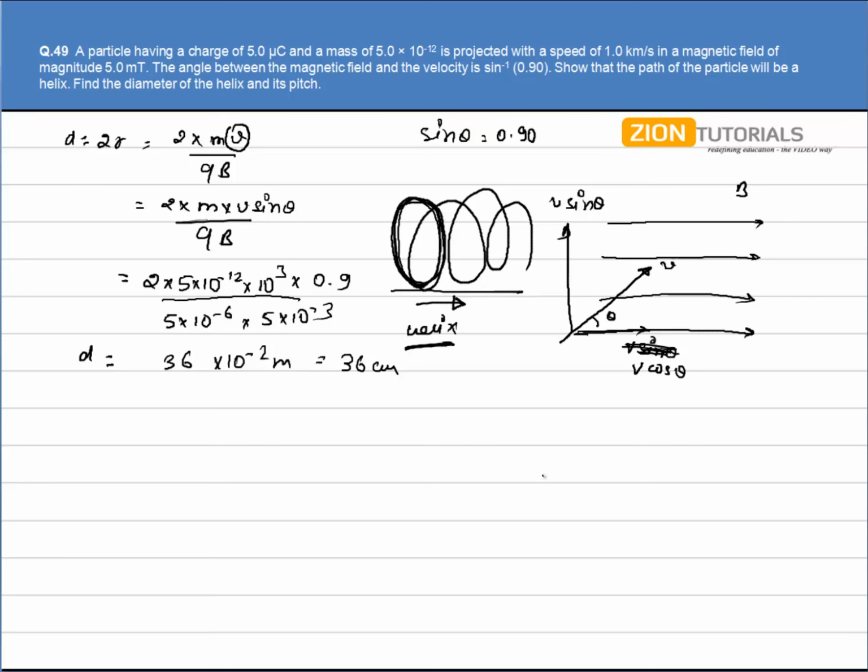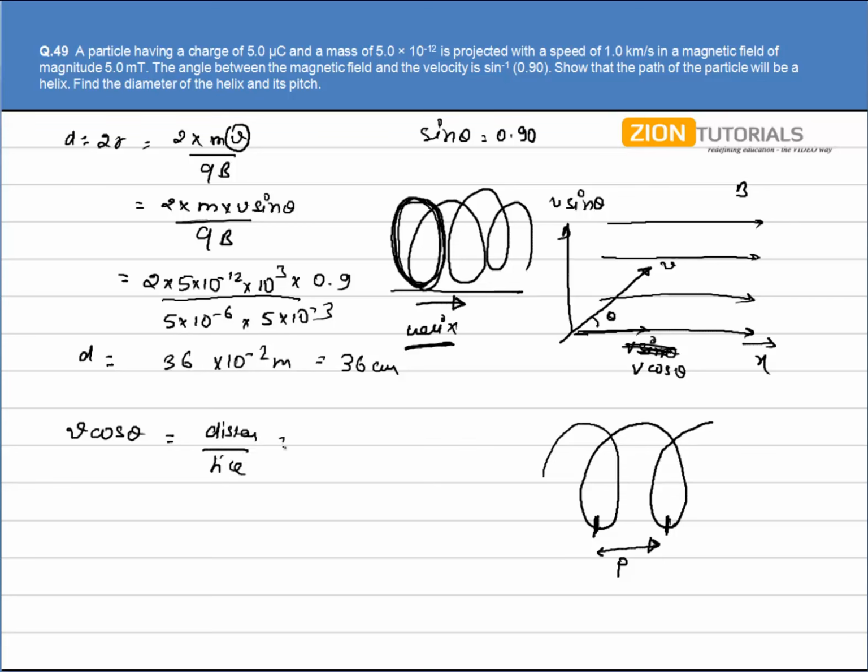Pitch of the helix is basically the distance covered when the particle comes to the same phase. Let's say this point and this point are in the same phase, so the distance between both of them is the pitch. Now I can apply v cos θ, the velocity in the x direction. Velocity in the x direction is distance upon time.